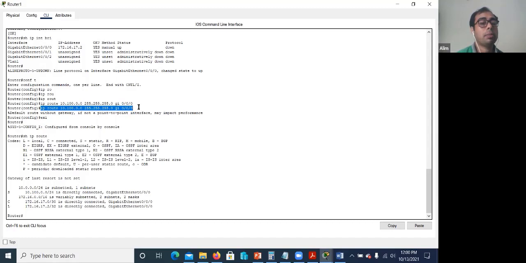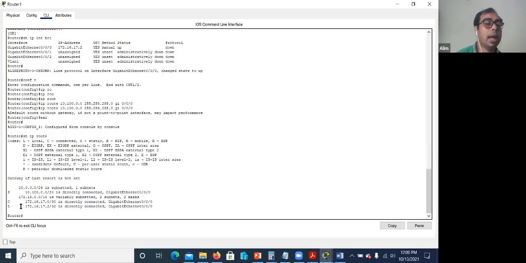It is obtained through a static routing, that is why S appears here. Okay, and interface is gigabit Ethernet 0/0. That is, you obtain this route through gigabit Ethernet 0/0. Okay.